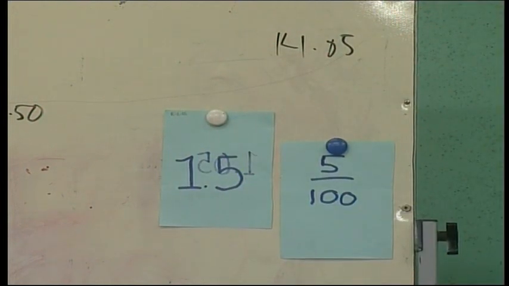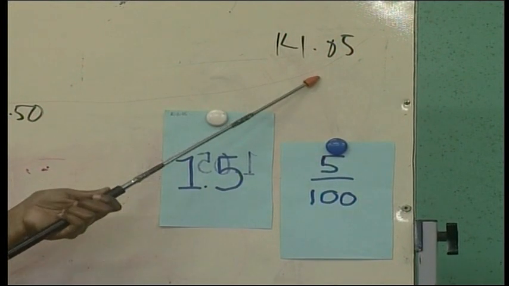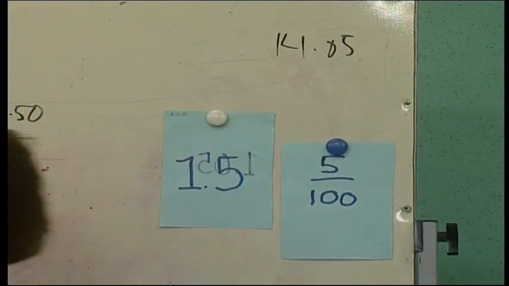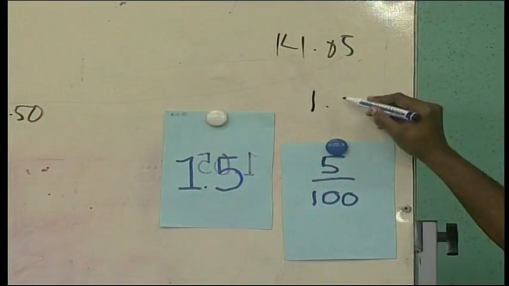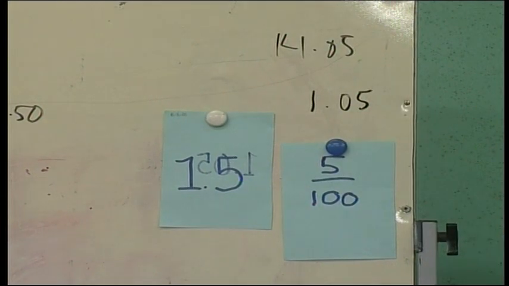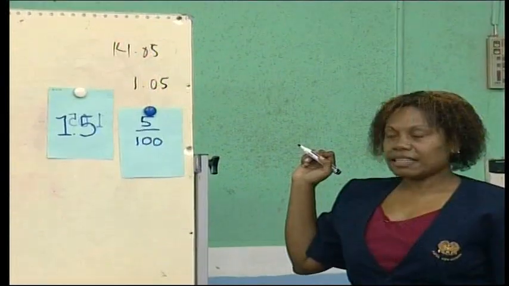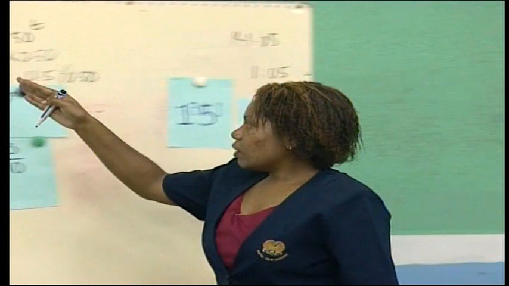Bagley? $1.05. Okay, very good. 1 kina 5 toya in decimal would be 1.05. Okay? All right. So that's in decimal.